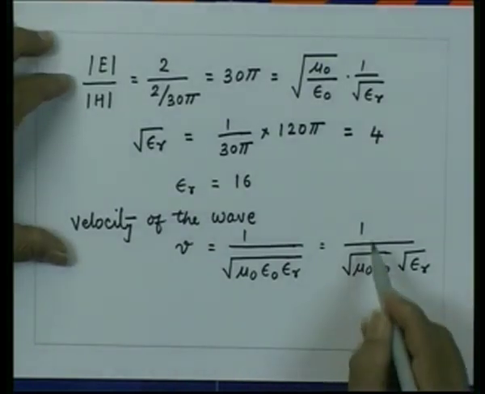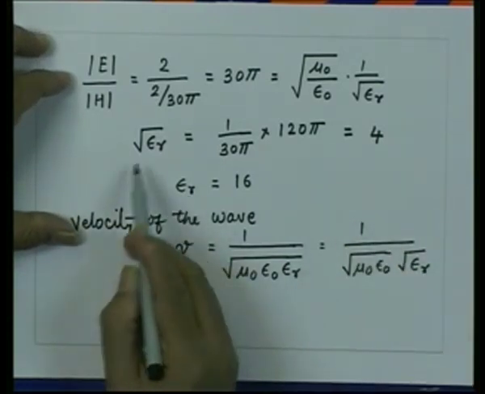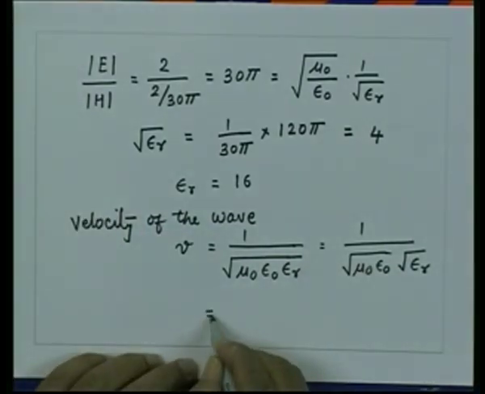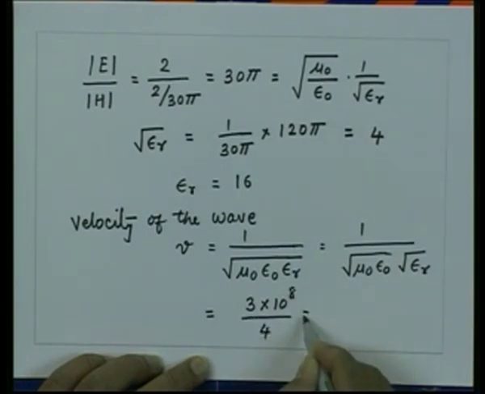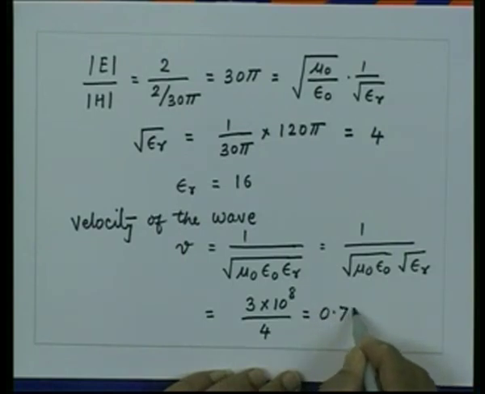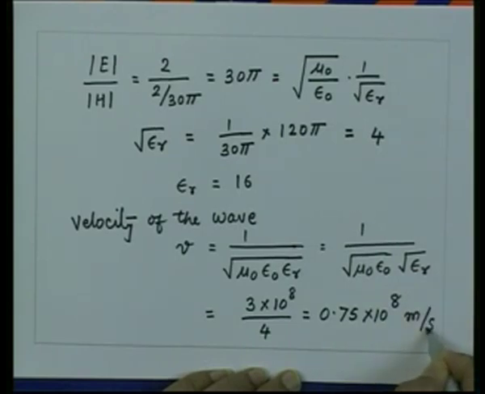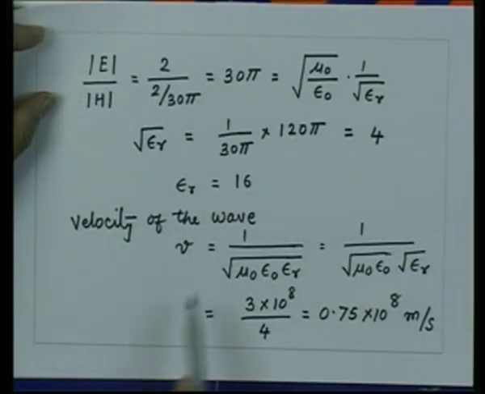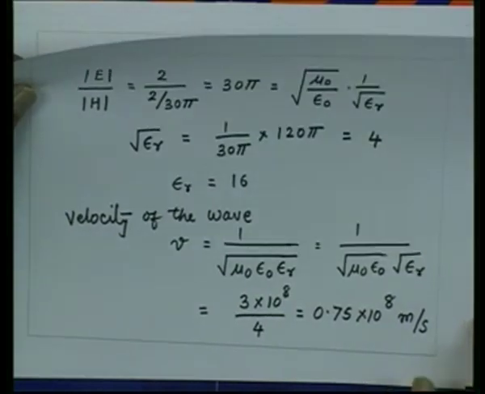So, we substitute 3 into 10 to the power 8 meters per second for this, and square root of epsilon r is 4. So, the velocity will be 3 into 10 to the power 8 divided by 4, which is equal to 0.75 into 10 to the power 8 meters per second. So, for this wave the velocity in the given dielectric, which has a dielectric constant 16, will be 0.75 into 10 to the power 8 meters per second.